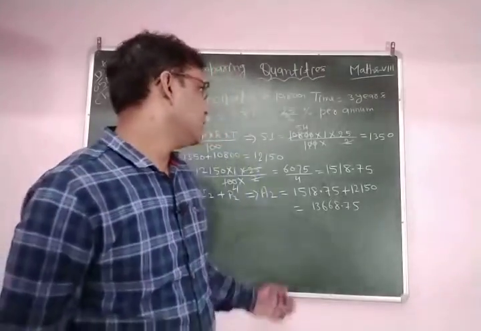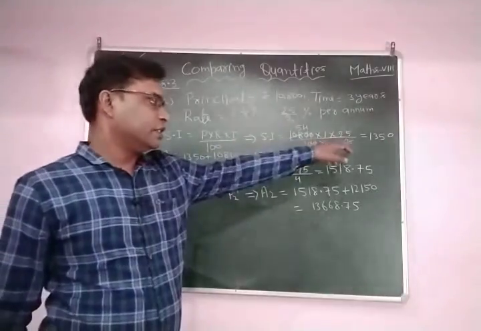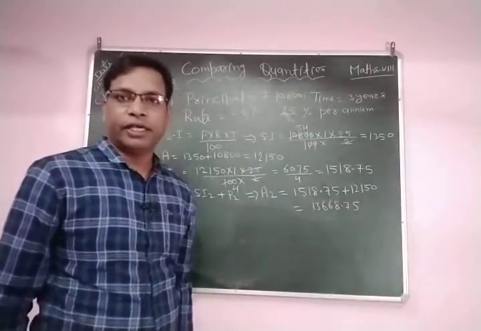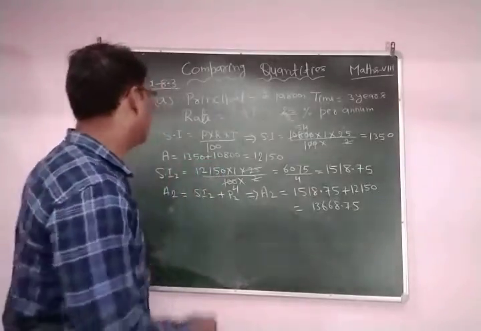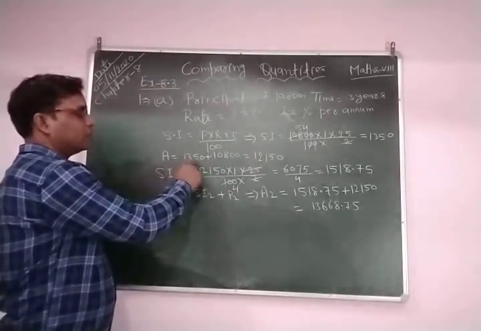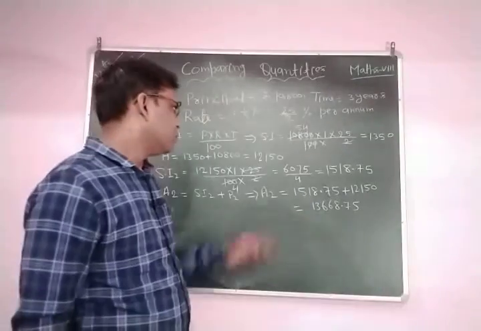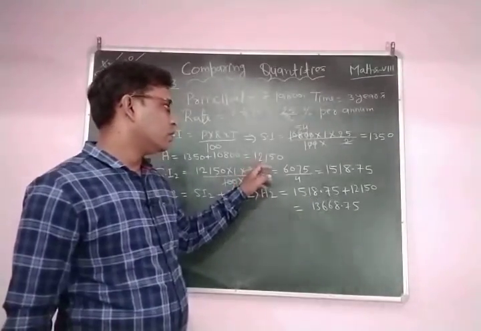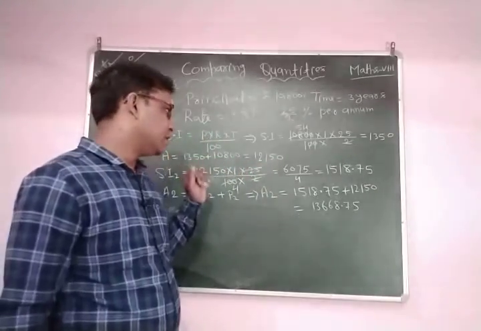Okay, so for this first we find simple interest for first year. This is equal to 1350. After this we find amount for first year. So we get principal and simple interest. Then we obtain amount 12,150 rupees. This is amount for first year.